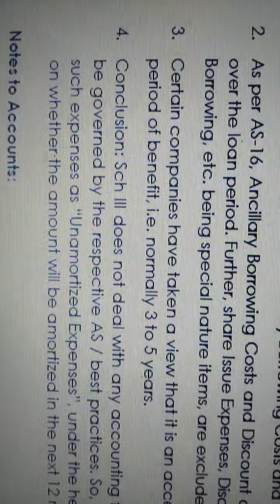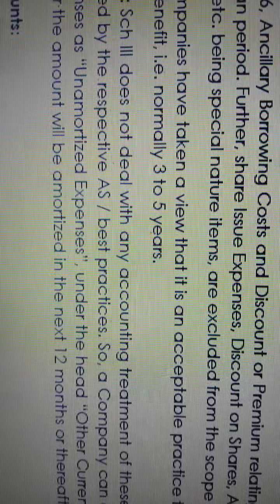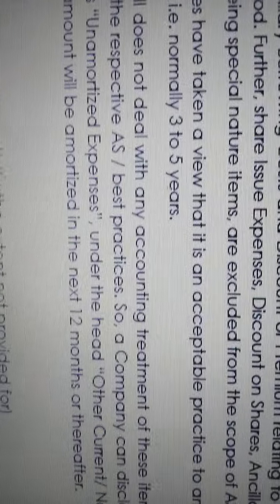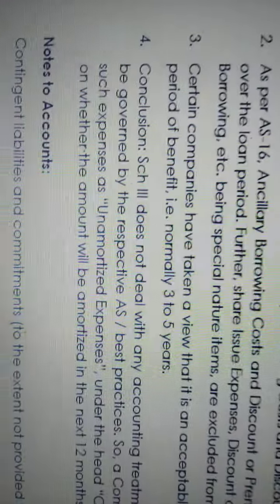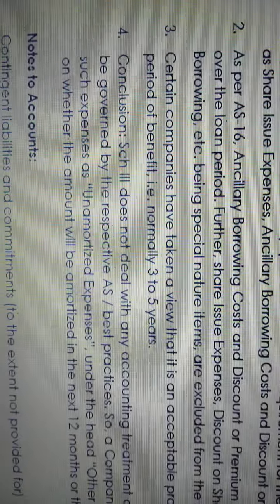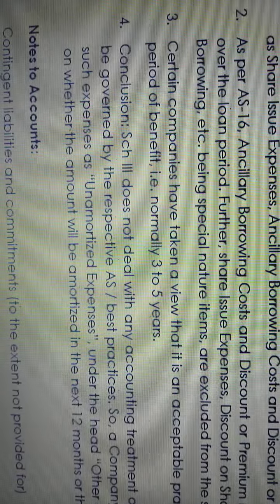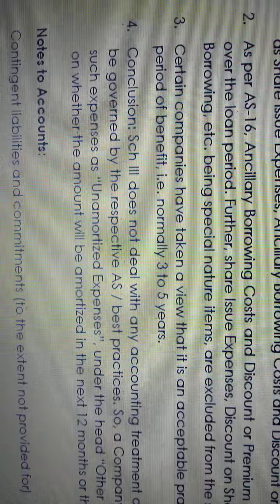So a company can disclose the unamortized portion of such expenses under the head other current assets or non-current assets, depending on whether the amount will be amortized in the next 12 months or thereafter. Okay. So pre-incorporation expenses or amortization expenses can be amortized over the period and debited to the P&L account. That's what they are trying to say.